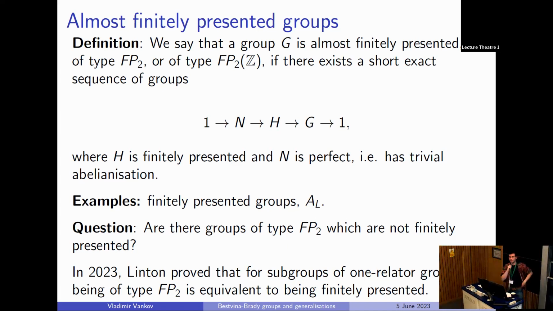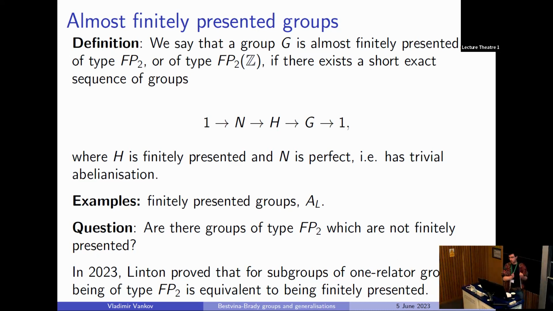And so there was a recent result of Marco Linton, who proved that for subgroups of one-relator groups, these two notions do in fact coincide. And there are many other occasions where these notions do coincide. But this was a recent breakthrough, which was important because together with Kielak and Sapir and Linton, they managed to prove that one-relator groups are actually coherent.